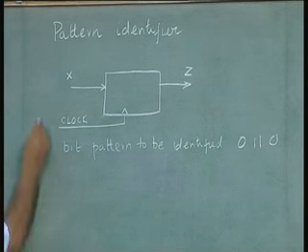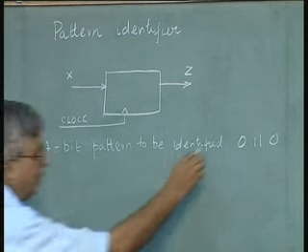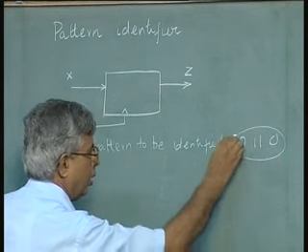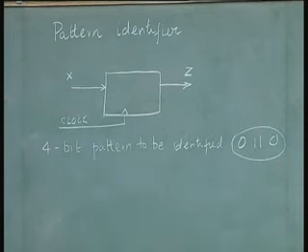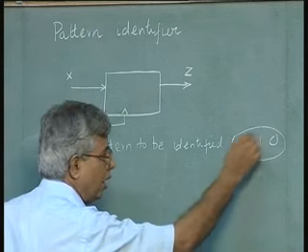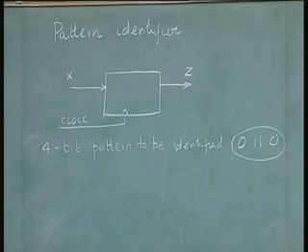Now, as the bits keep coming, whenever this pattern occurs, the output Z will go 1 along with the last 0 of that pattern.